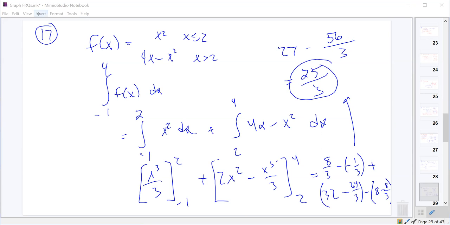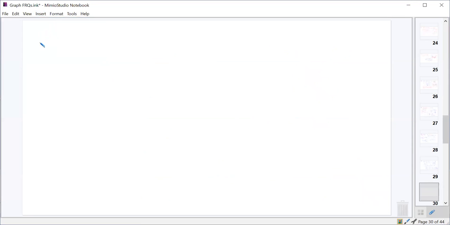All right. Next one. If my pen will work. There we go. All right, next one is 19. So for 19, we got a rectangle that has a side on the x-axis, and it's inscribed into a triangle.